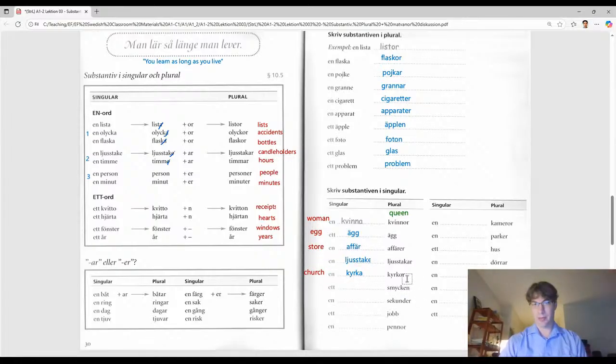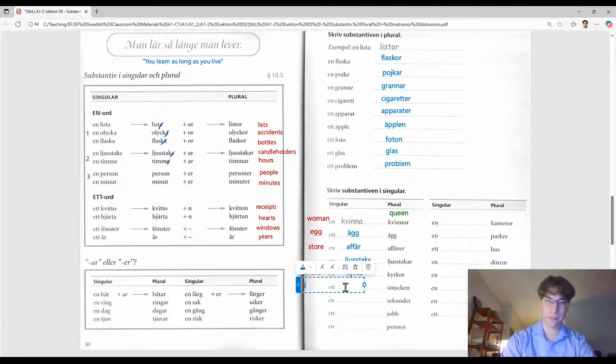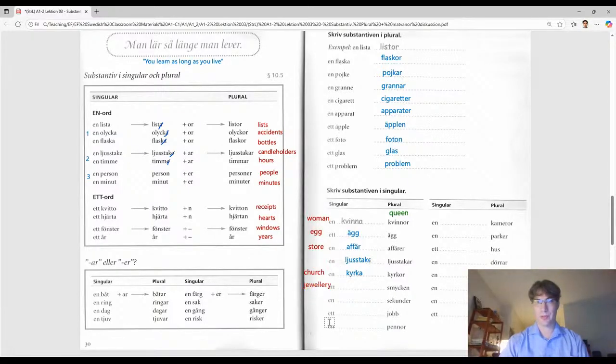And then we have många smycken. This is a piece of jewelry here. And you have en here. So this is on the same list as the E. Många smycken.